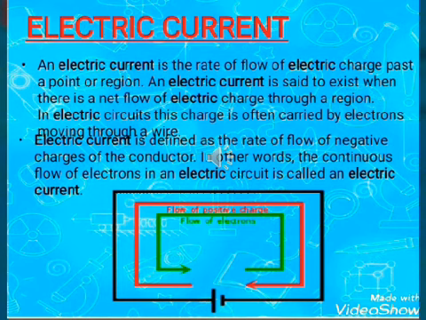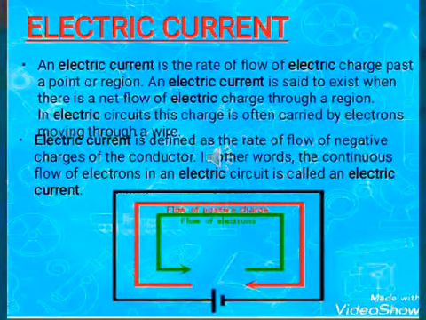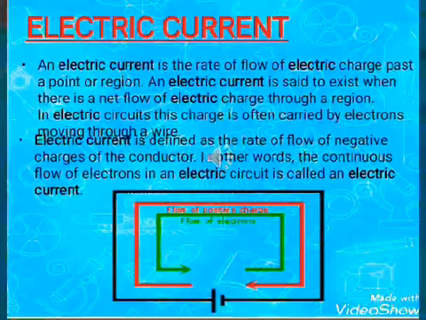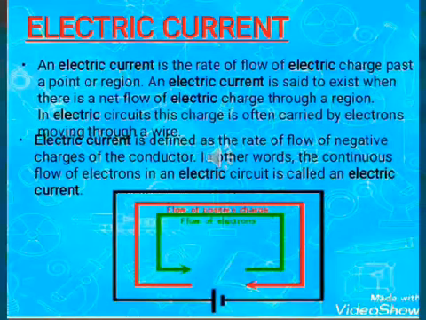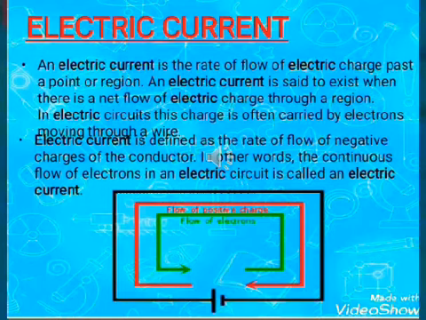Here is the basic definition of electric current: the rate of flow of charges in a conductor. Or we can also say an electric current is the rate of flow of electric charge past a point or region. You will see the direction of electric current in a particular circuit: it is positive to negative for flow of positive charge and negative to positive for flow of electrons.